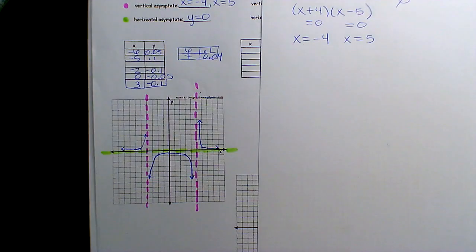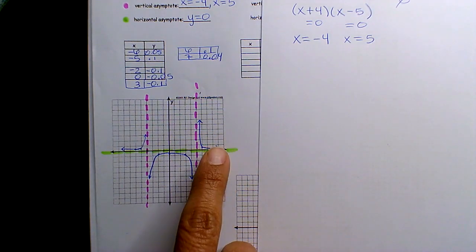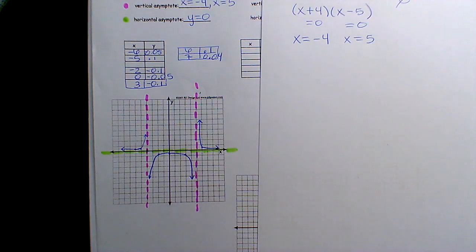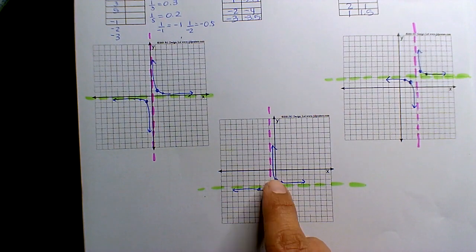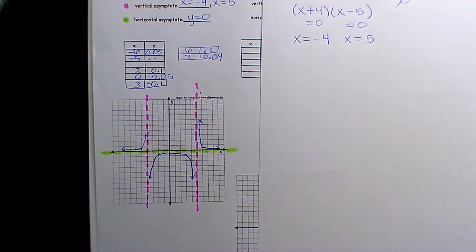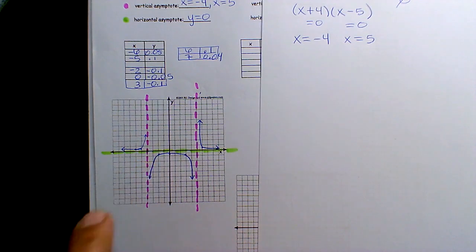Okay, so the more vertical asymptotes that you have, the more it starts cutting up the function, and now you can have 2 parts. Like yesterday, we only had 1 vertical asymptote, so we just had 2 functions in 2 different sections. Here, you now have 2 asymptotes, so you have 3 sections to graph.